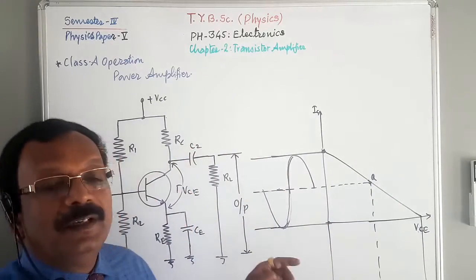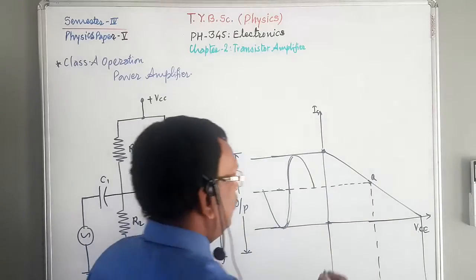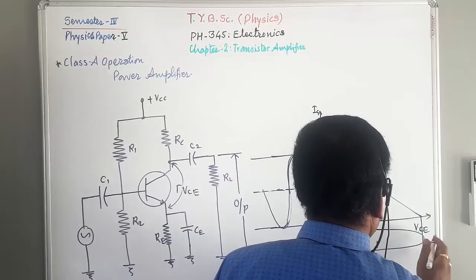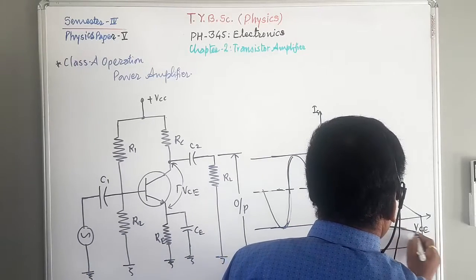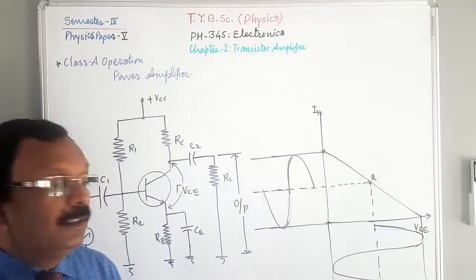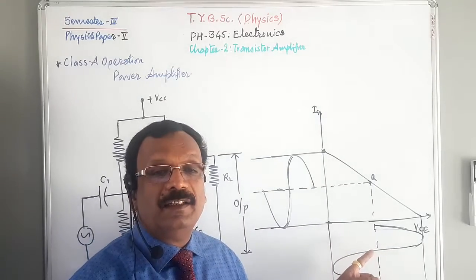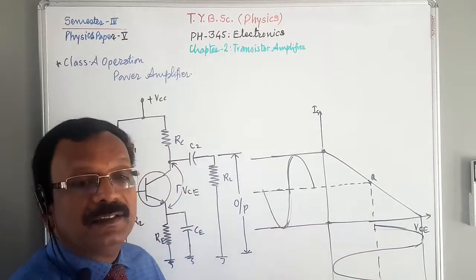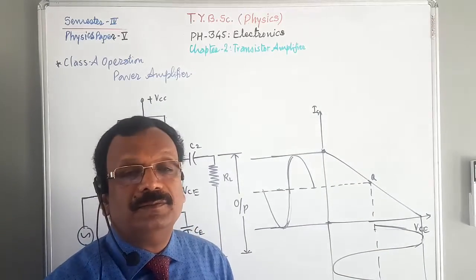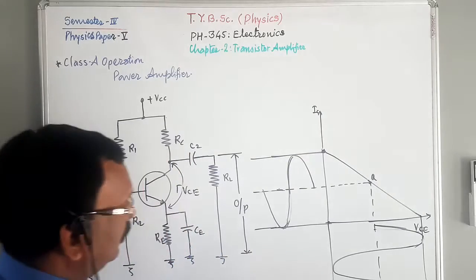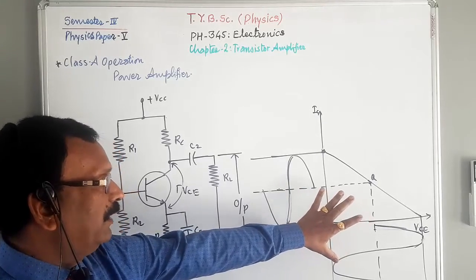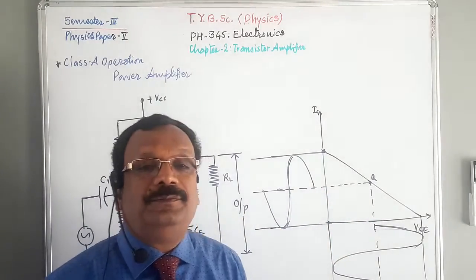This is the input signal which we want to amplify, and this is the output signal. This is in phase. Remember that, in phase. That is IBQ and ICQ, this is the quiescent point. So this figure illustrates the performance of this circuit.